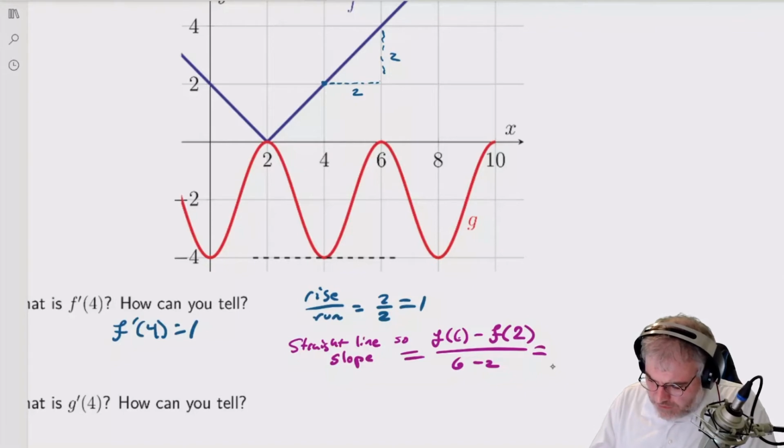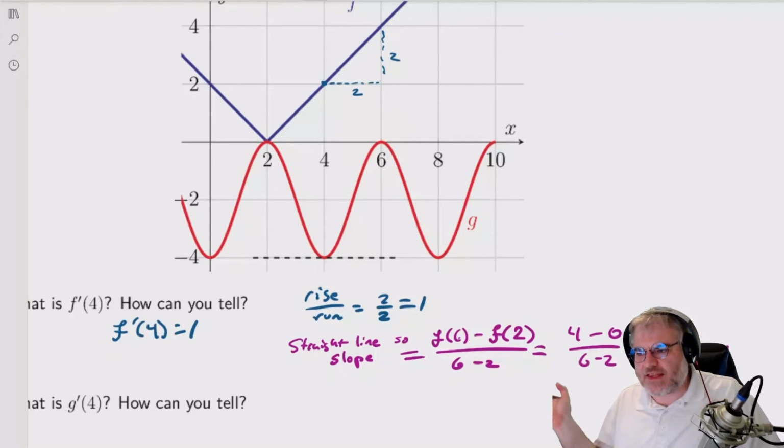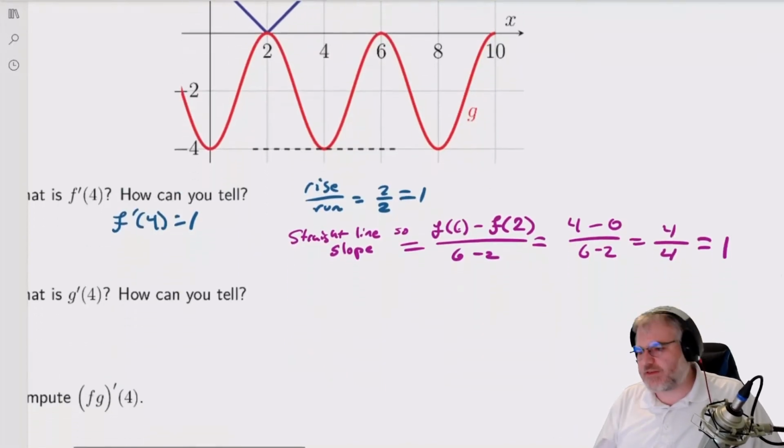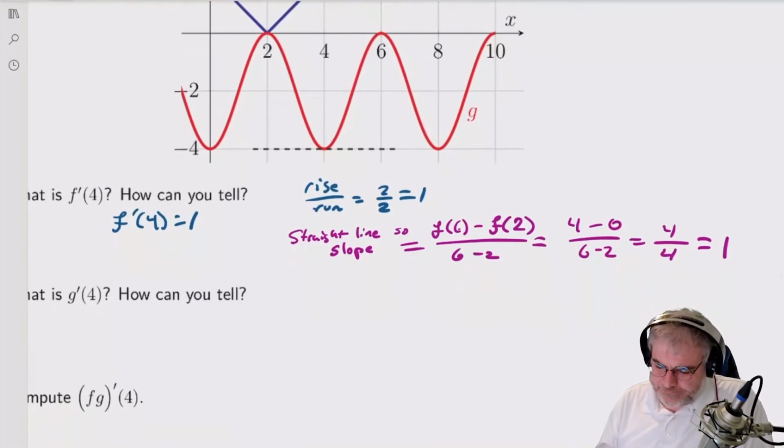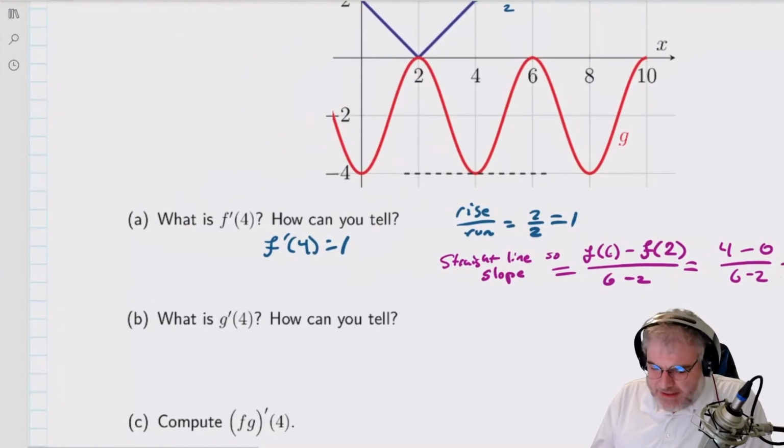That equals f of 6 is 4, f of 2 is 0. 6 minus 2, that's 4, this week, and this week only, equals 1. You could have said that. You could have said anything, but something along those lines.